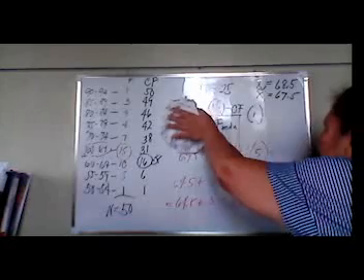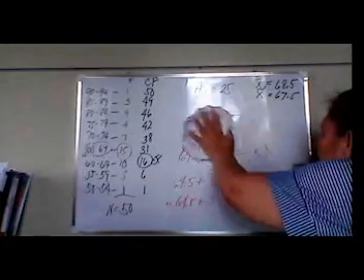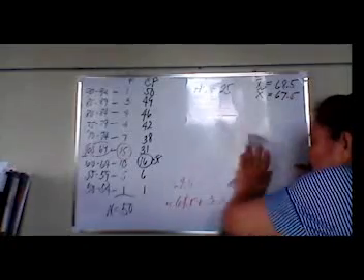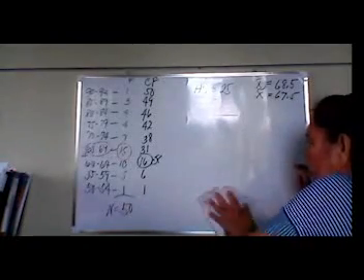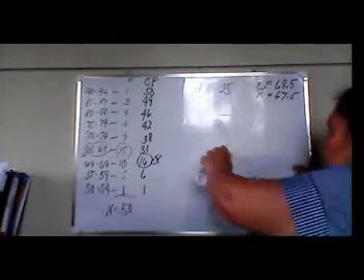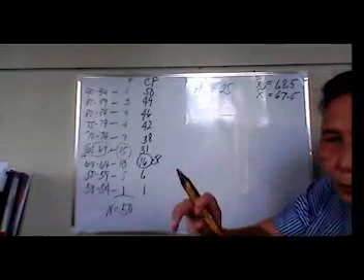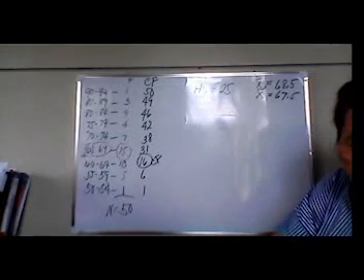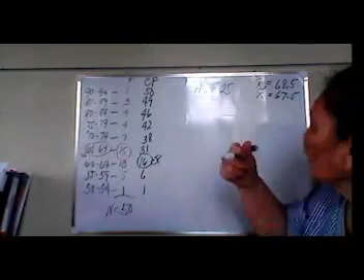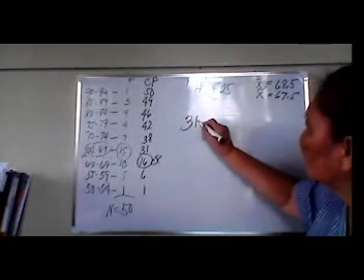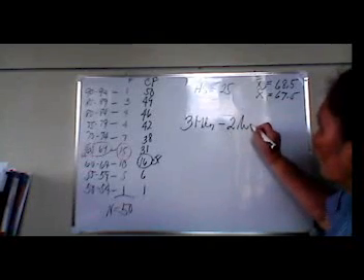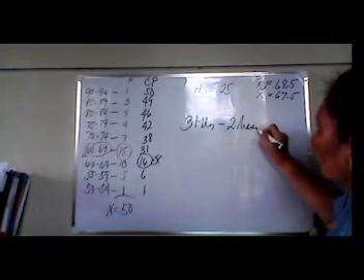So the mode, if we know the median, we know the mode. We know the median, we know the mean, then we can get the mode. The mode is defined by the formula 3 median minus 2 mean.